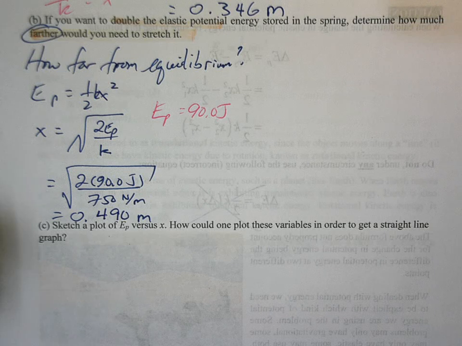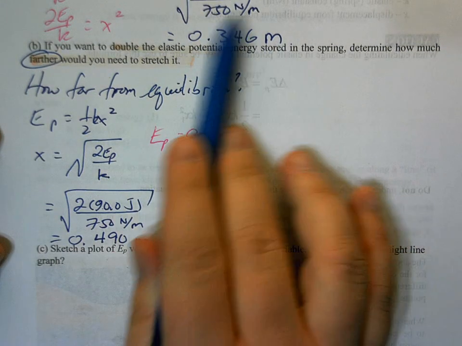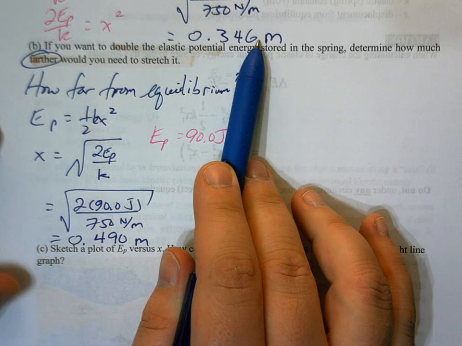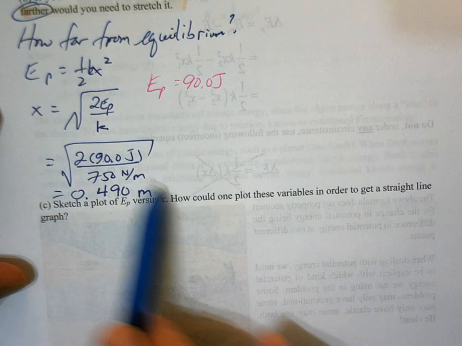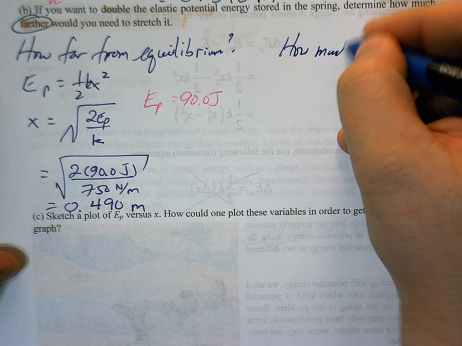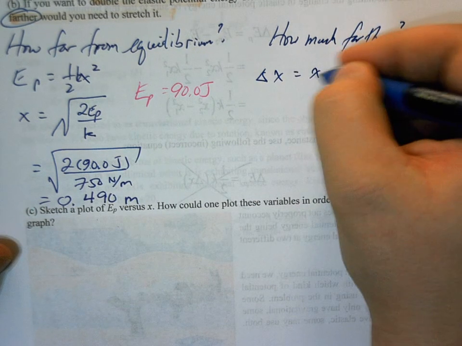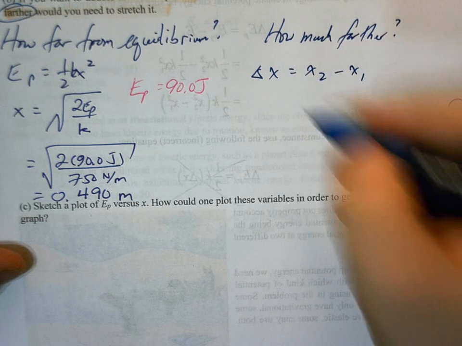But we want to know how much farther we have to stretch it from the previous example. So if we've already stretched it 34.6 centimeters, how much more do we have to stretch it to get to this point? So to get how much farther, we'll call it x2 minus x1.